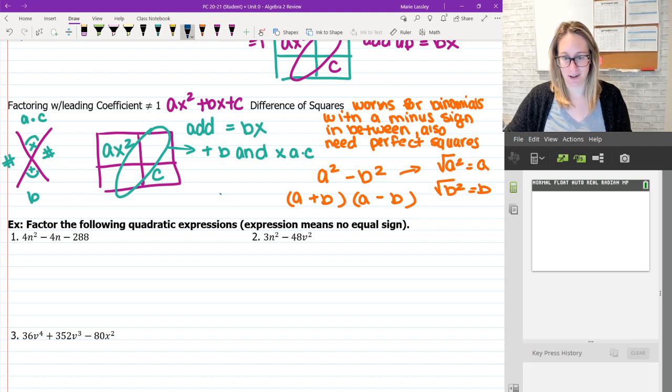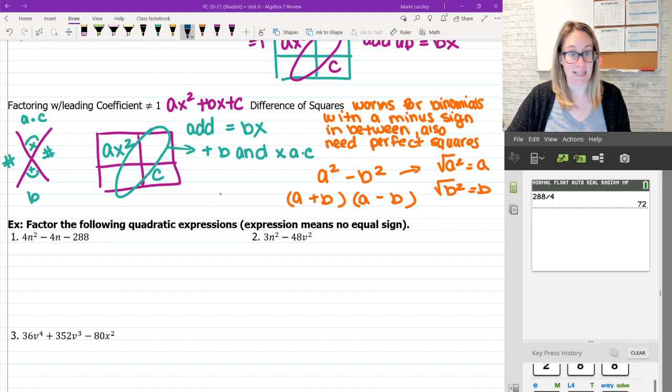Sorry, guys. Hold on. I found it. Okay, so 288 divided by 4, yes, it is. It's 72. So that tells me that I have a greatest common factor that I can pull out, and that is 4, because every single number in this expression is divisible by 4.